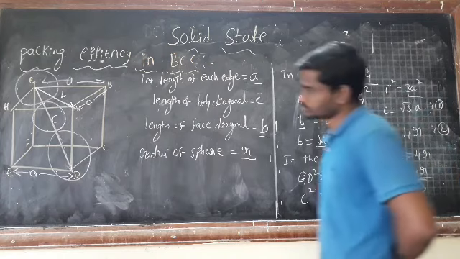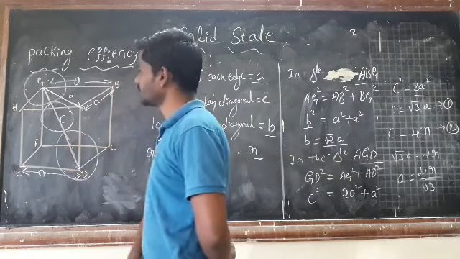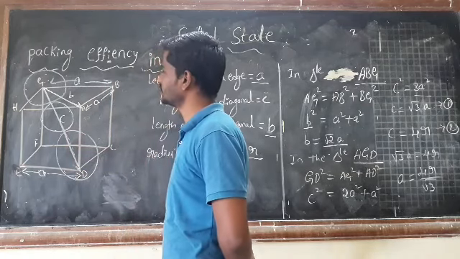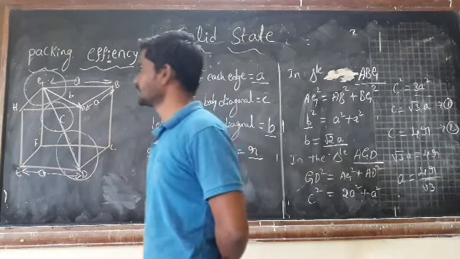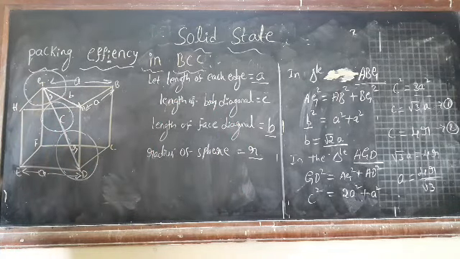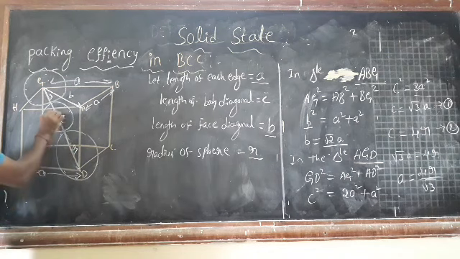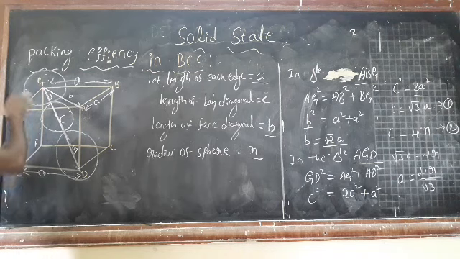Now, along the body diagonal we have 3 spheres. Two spheres have half of the sphere present, having the radius R, and one sphere is completely present along the body diagonal.